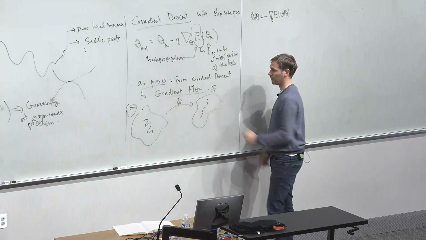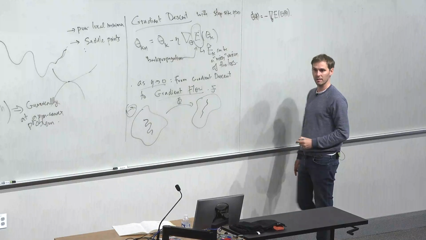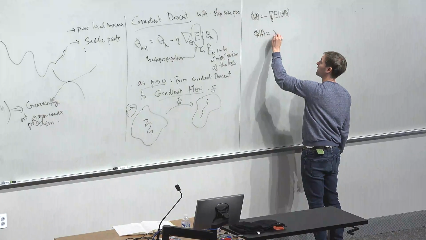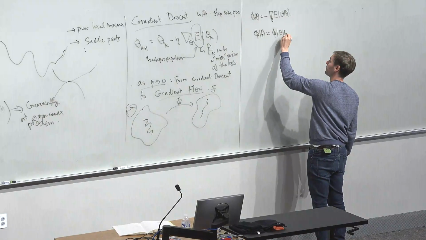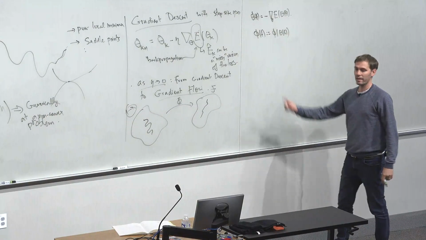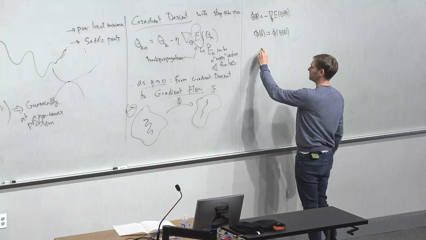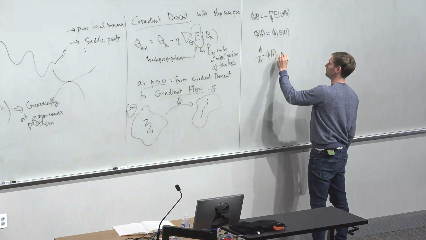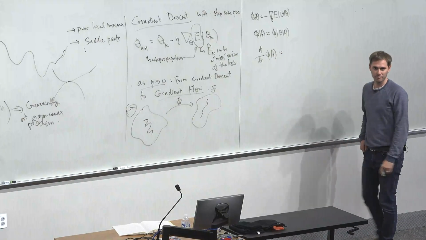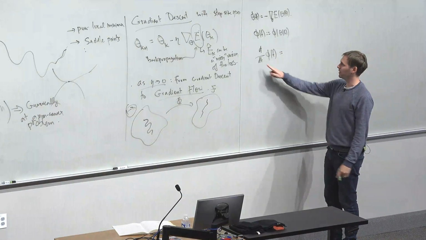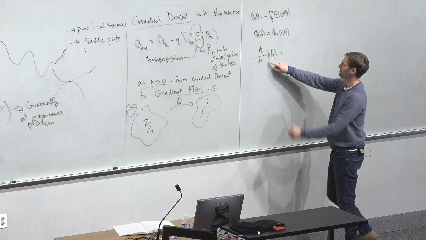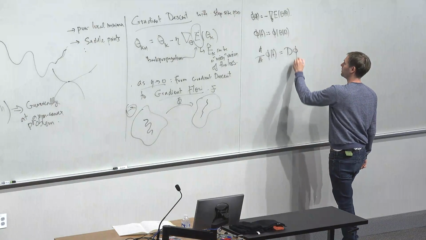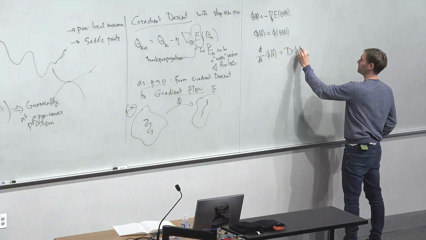So what are the dynamics of this trajectory? I can define phi of t as phi of theta of t. What are the dynamics in this space? I can push the dynamics by applying the chain rule.